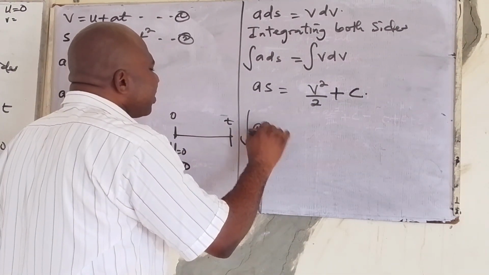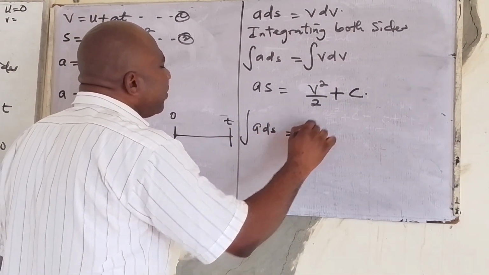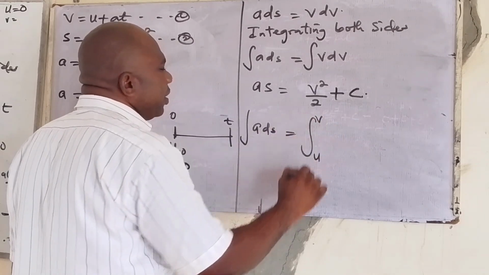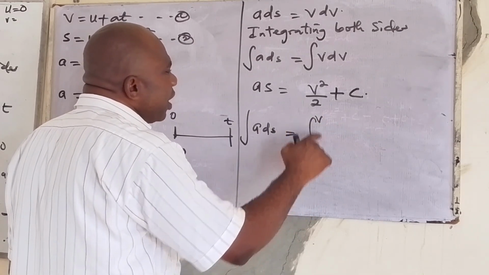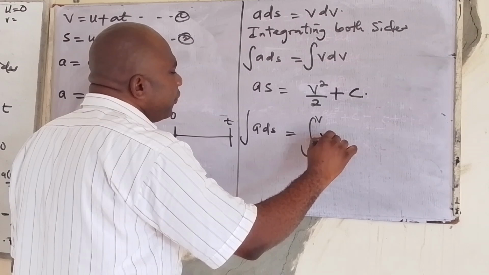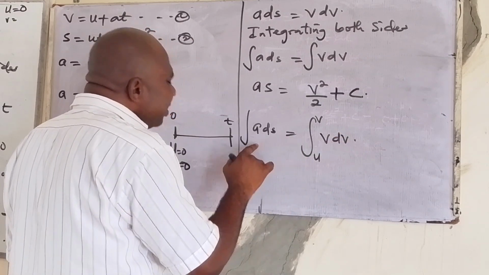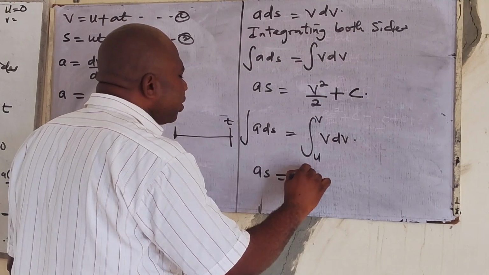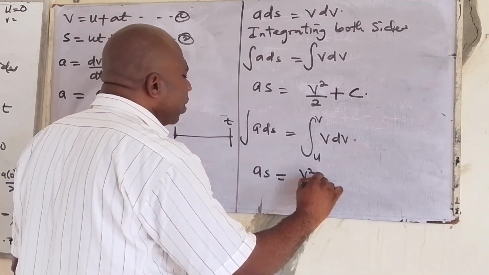is the integral of a dx. Since this starts from the initial velocity u and goes to v, we have u, then v, then of course v dv. So our ax will be equal to v squared all over 2 plus c.